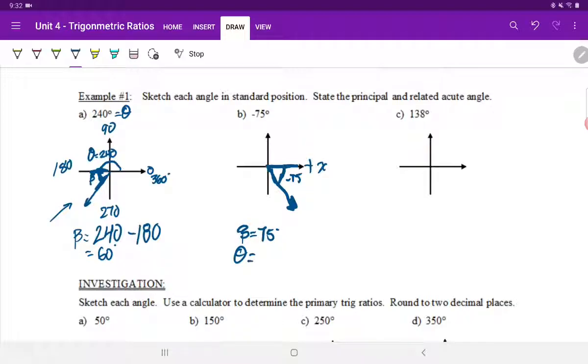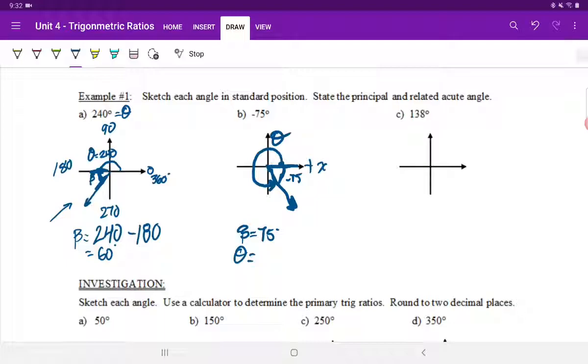Theta is going to be a little bit harder to calculate in this case. My principal angle, starting from this side going all the way around to here, is now my principal angle theta. So from the positive x-axis to the terminal arm going counterclockwise. So how do we figure out theta in this case?